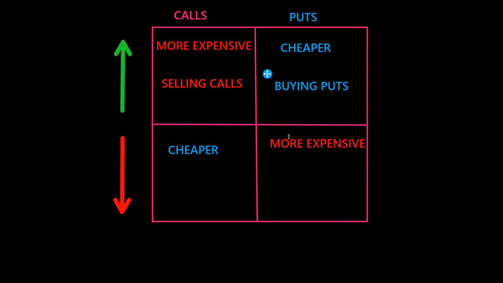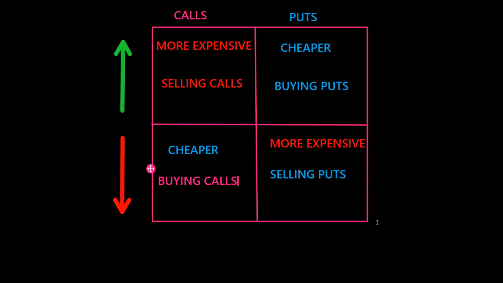You sell the puts when the market goes down, right? So you're selling puts as the market goes down, and then you are buying calls if the market goes down, right?